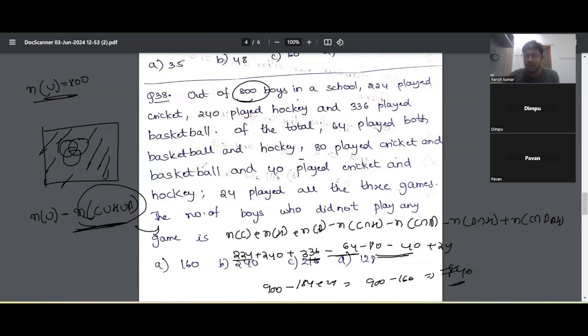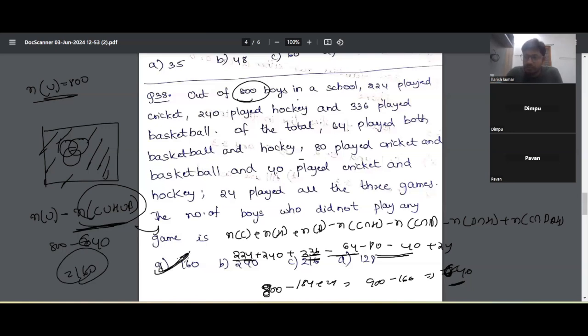Now we have to subtract this from 800, so 800 minus 740. Oh, did we make any mistake? Wait, this is 224 plus 336, right? So it is 360, 560. Sorry, this is 800, guys. So this is 640, and therefore 800 minus 640 is 160. So that's our answer.